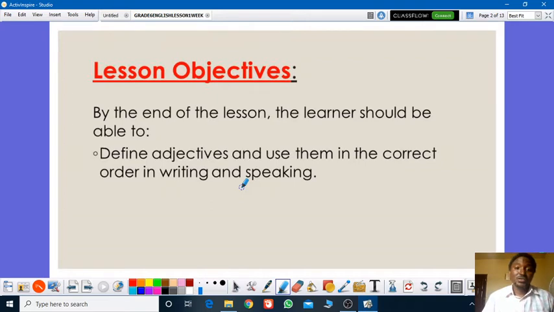So there is that rule. There is an order that we should be able to write the adjectives, both in writing and speaking.